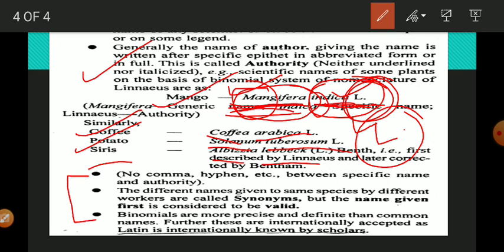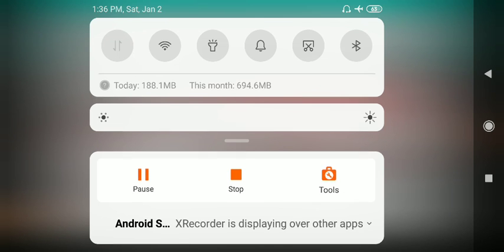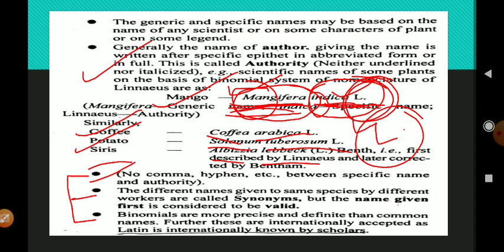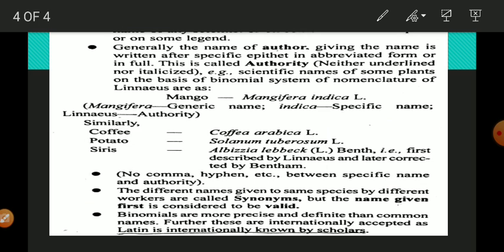Some other rules: there is no comma or hyphen between the specific name and the authority. Here you see there is no comma or hyphen between the species and the authority name.